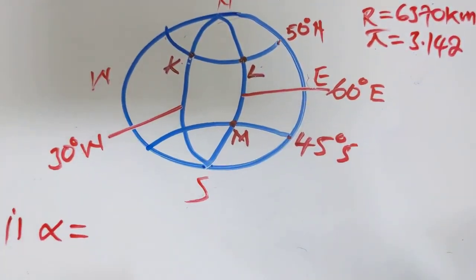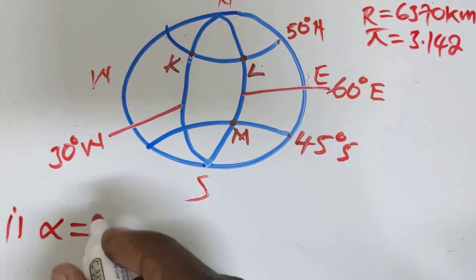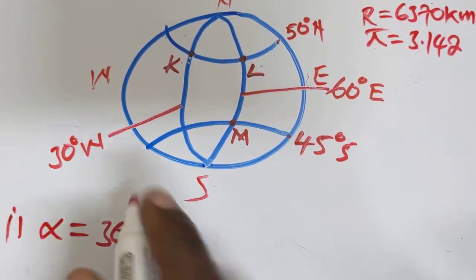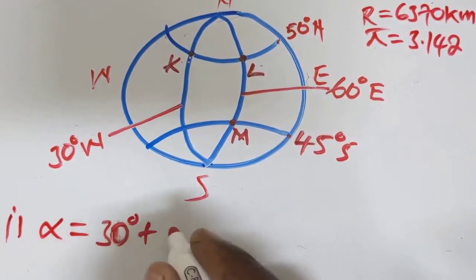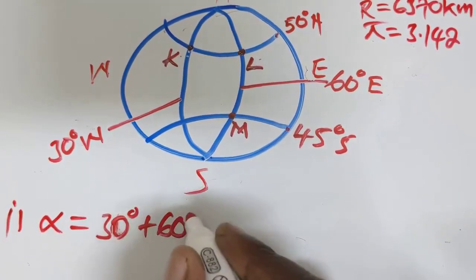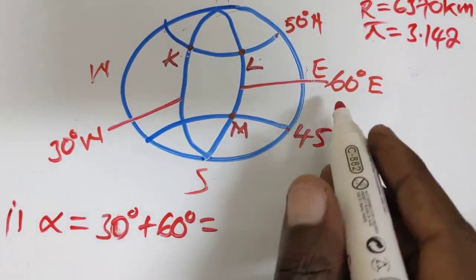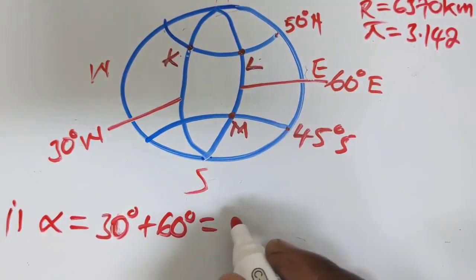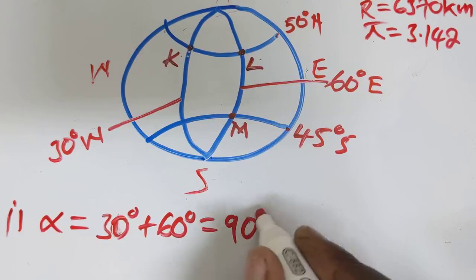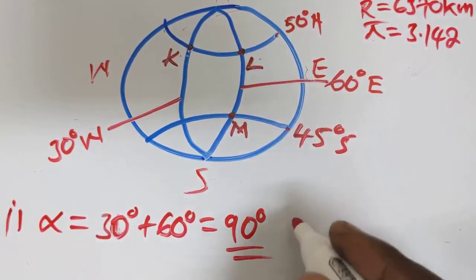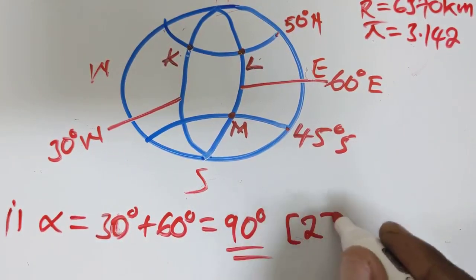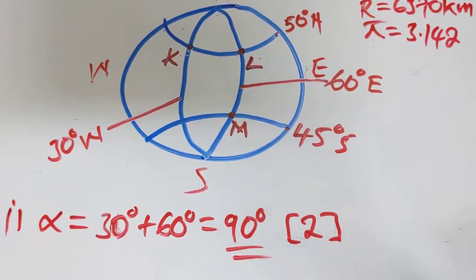So they are on different sides, which means we are supposed to add. We add 30 degrees plus 60 degrees, and it gives you 90 degrees. So the difference is 90 degrees. As simple as that. Then you get your 2 marks for free.